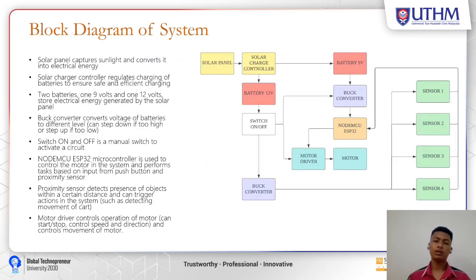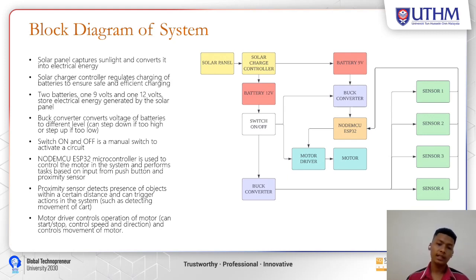I want to talk about the block diagram of the system. For this prototype, I use a solar panel to generate the power. From the solar panel, it sends the energy to the solar charge controller, which regulates the energy, and then it is stored in the batteries, a 12 volt and a 9 volt battery.